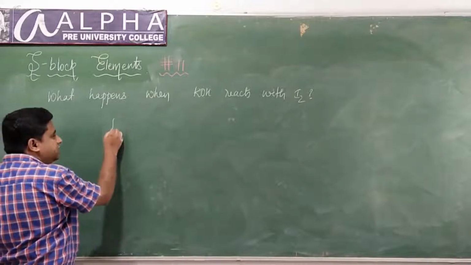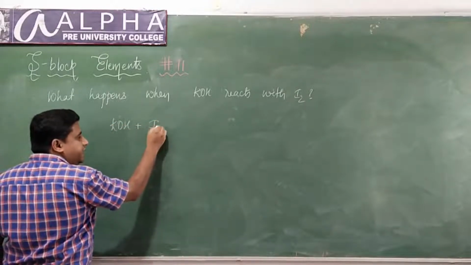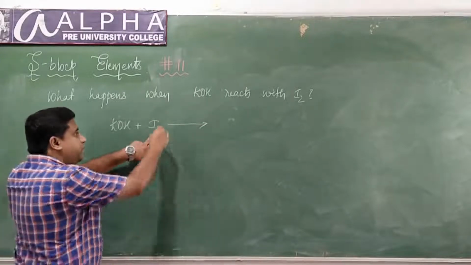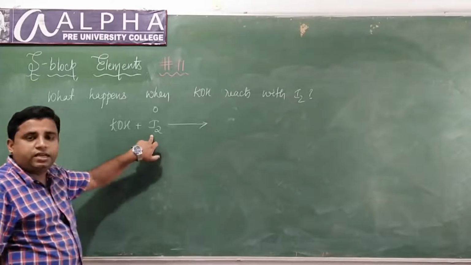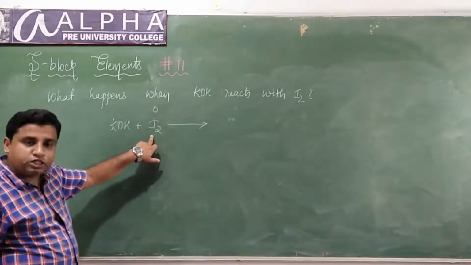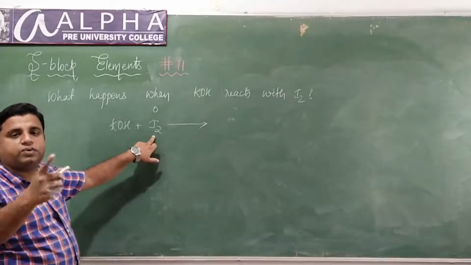Let us now write the reaction. When potassium hydroxide reacts with iodine, one of the elements is in zero oxidation state, so the reaction is going to be a disproportionation reaction. This element will be both oxidized as well as reduced.